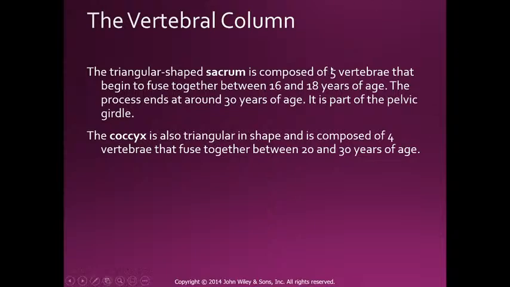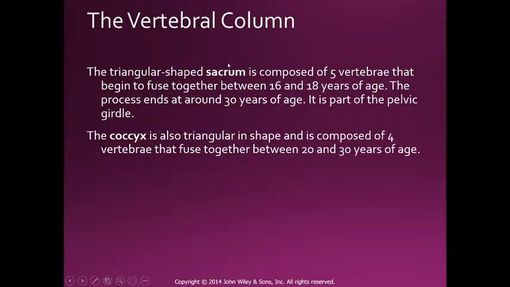All right, so the vertebral column. We have a triangular shaped sacrum, which ironically looks like an upside down triangle. We very rarely see those in geometry class. The base of the triangle is the superior margin, and it has lateral angles which point down, or inferiorly.